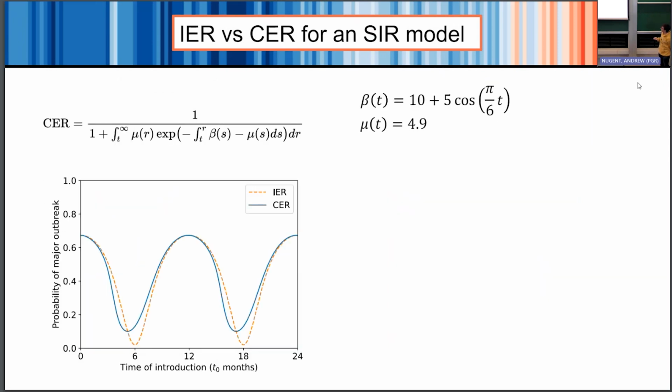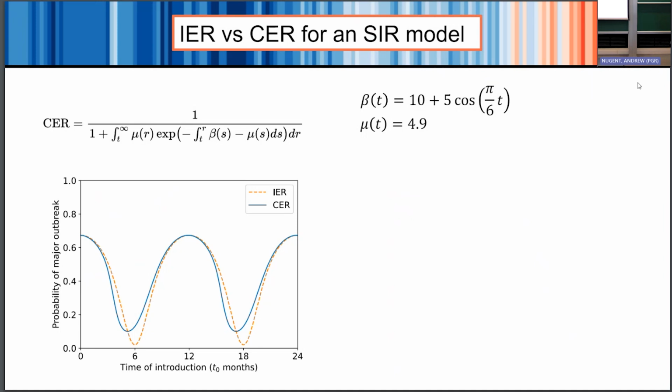Let's compute the IER and the CER in this scenario. For the IER, assuming things are constant, we get a nice symmetric curve, just plugging 1 minus 1 over R naught from that beta and that mu into your equation. You can also compute the CER by solving all those integrals and plotting it.